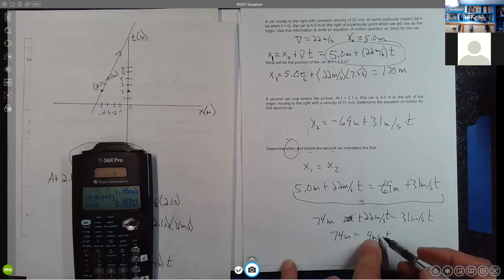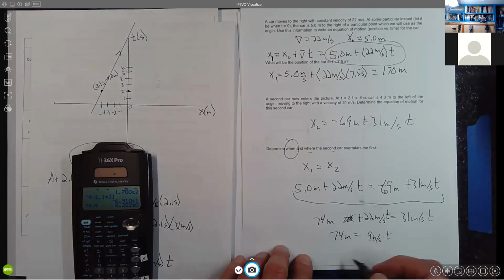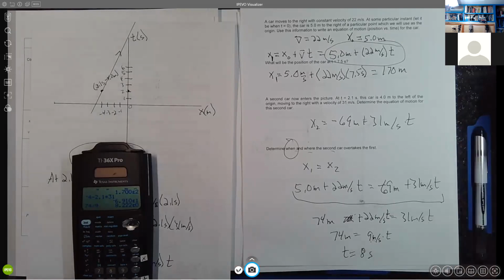I should have written this problem better so I'd actually have two significant figures on this. I'm down to one, but it's at about 8 seconds. And so then the car would overtake it at 8 seconds, basically.